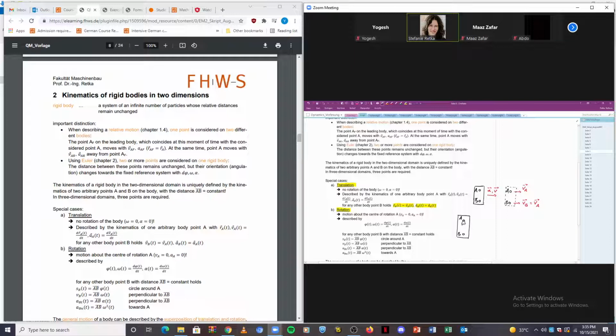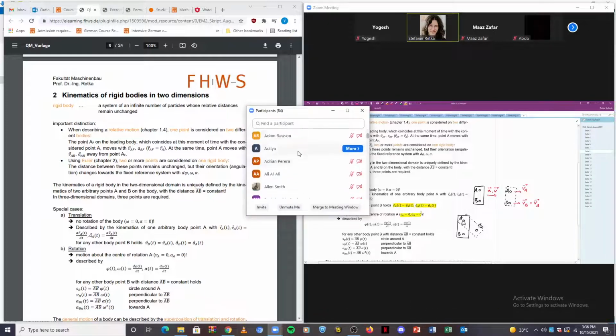Just drawing a hinged support. Then sometime later in time, the object might be in this position right here, and our point B could be here. Then if our object rotates about this point A, then this point A has no velocity and no acceleration. It's not moving anywhere.